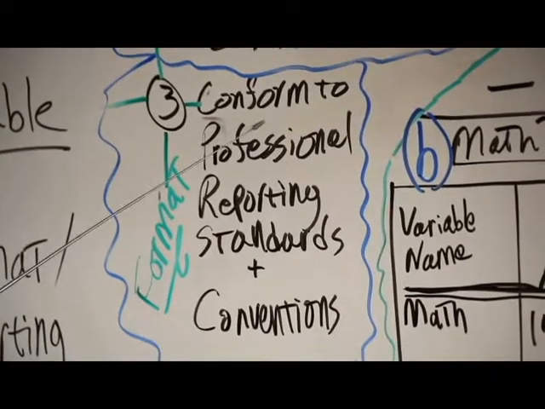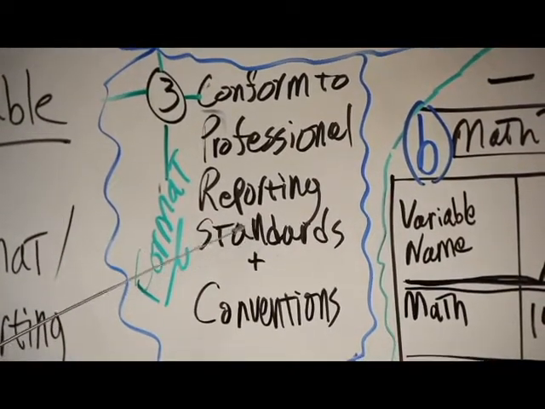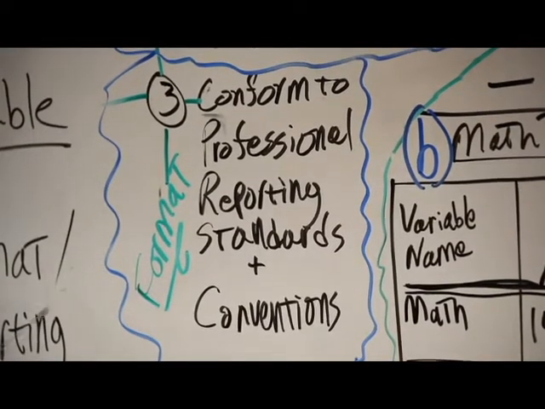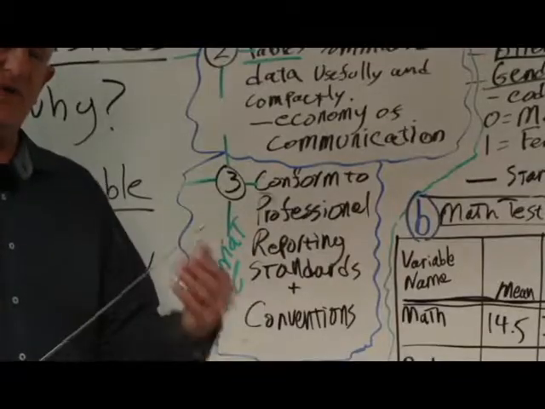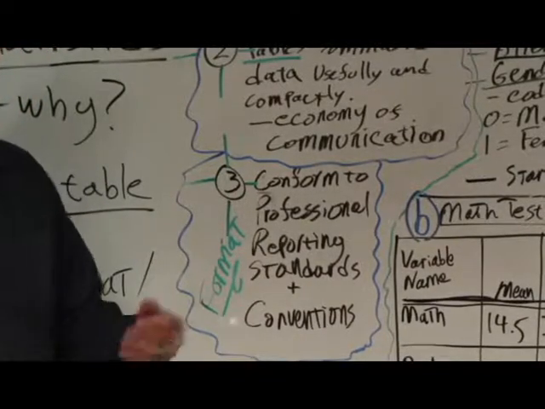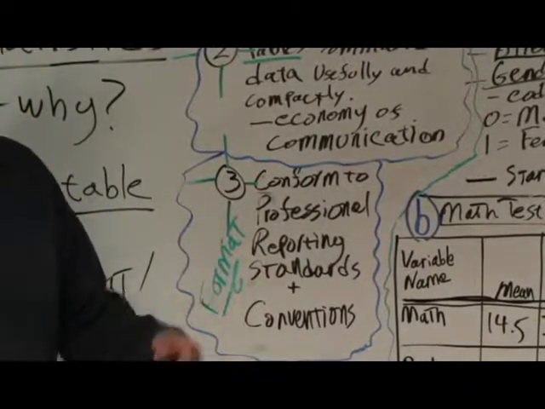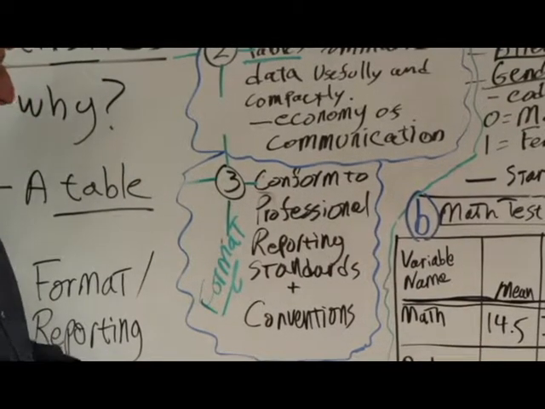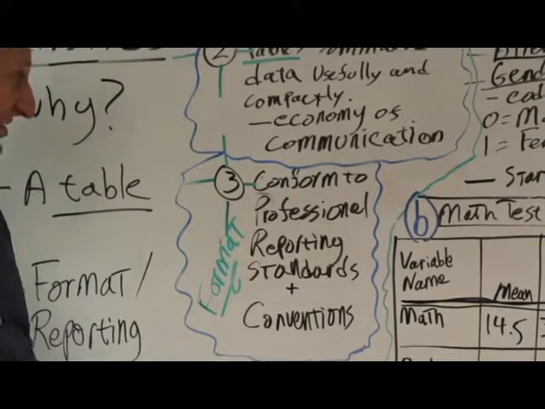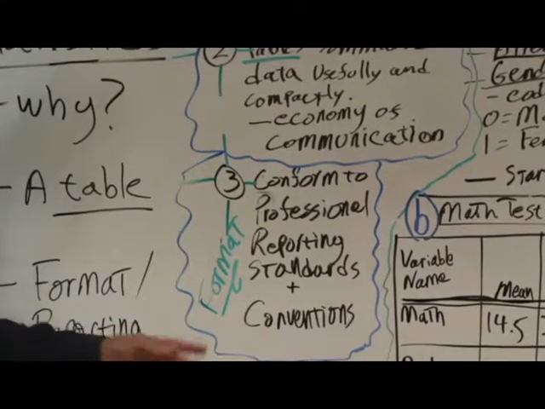We do it to conform to professional reporting standards and conventions so that people who know what they're doing will believe us, because it's a familiar format to the industry of people who read other people's research. So you want to conform to your industry's standards, and this table meets those standards.